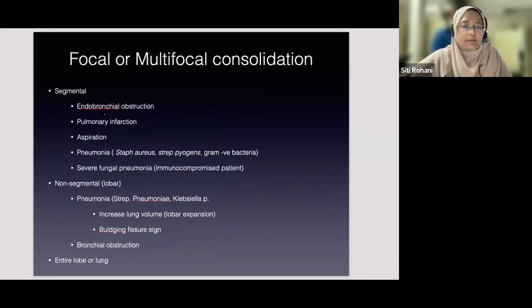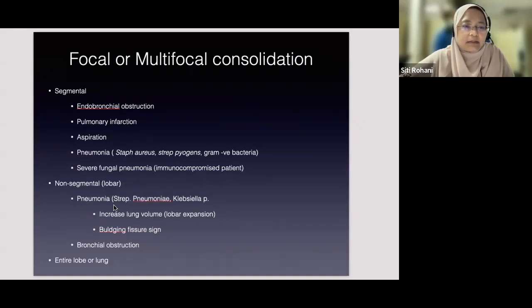Consolidation can be focal or multifocal. It can be segmental, non-segmental, or it can involve the entire lobe of the lung. This pattern of distribution has different differential diagnoses. For segmental consolidation, we might be thinking of endobronchial obstruction, pulmonary infarction, aspiration, pneumonia, or other infections such as more severe fungal infection in an immunocompromised patient.